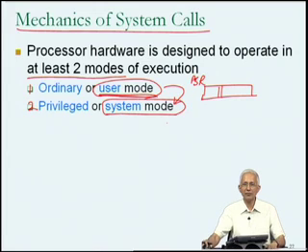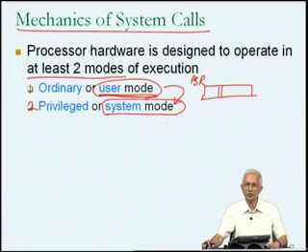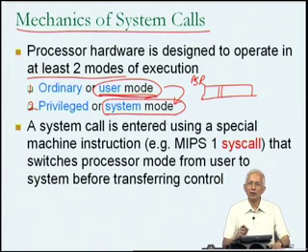The answer is this will have to be done explicitly by the execution of an instruction. And as we saw, the MIPS1 instruction set had an instruction called syscall, which we can now interpret as system call. And if my program executes the syscall instruction, then essentially it switches mode from user mode to system mode before transferring control to the appropriate system call.